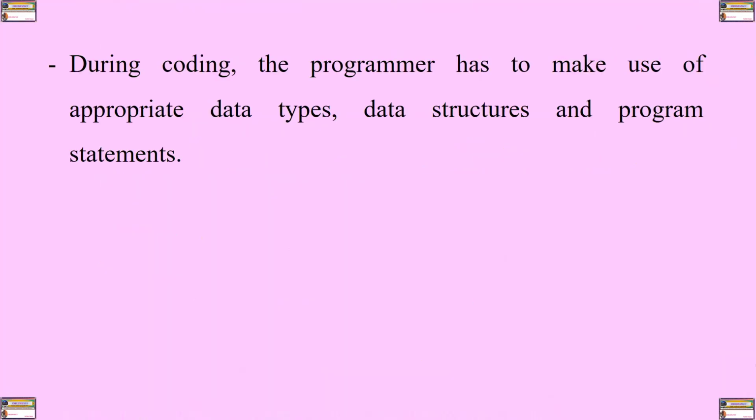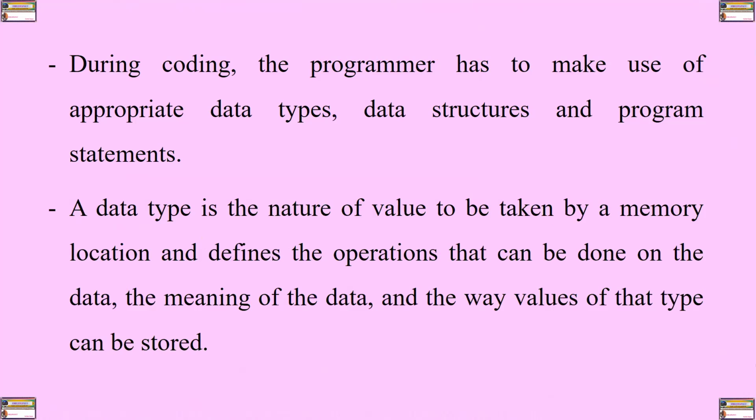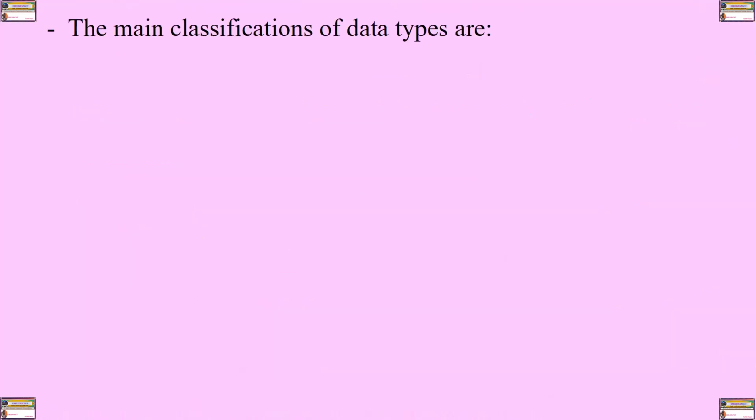During coding, the programmer has to make use of appropriate data types, data structures, and the program elements. A data type is the nature of value to be taken by a computer location and defines the operations that can be done on the data, the meaning of the data, and the way values of that type can be stored.